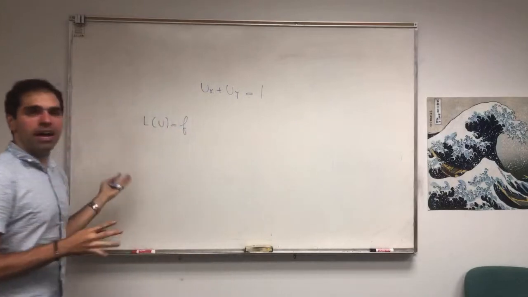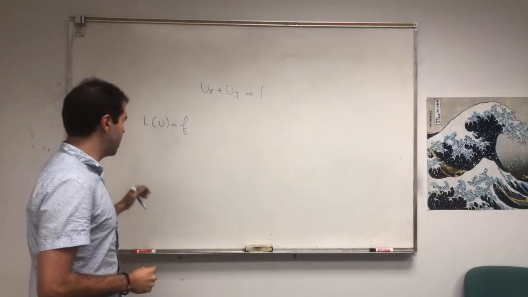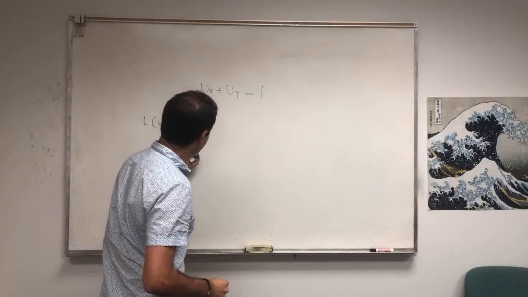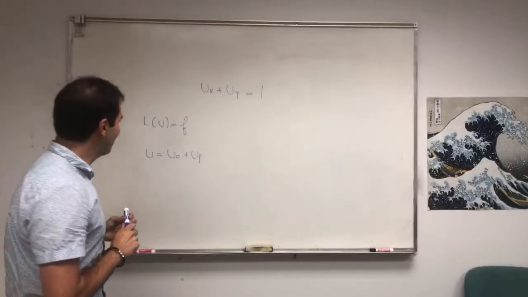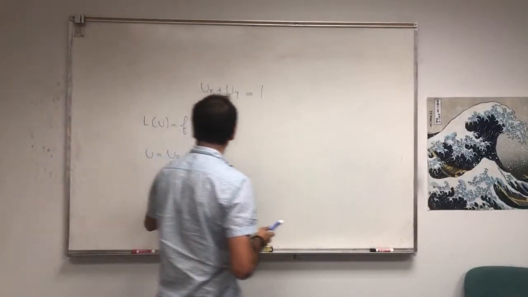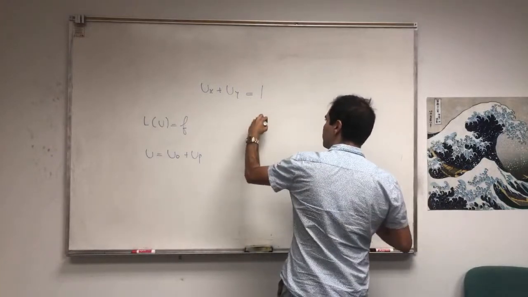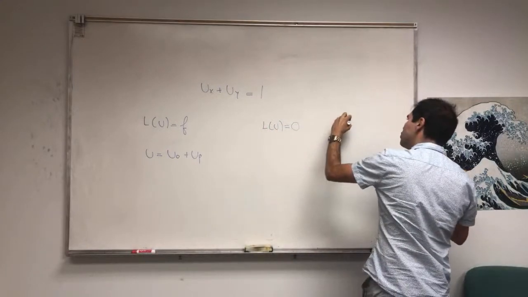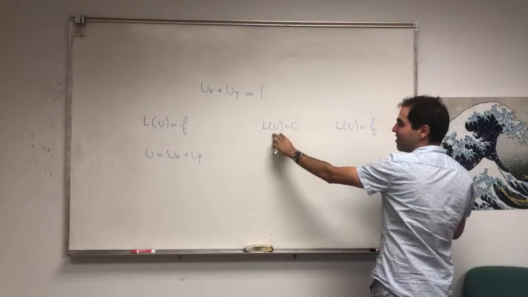If you remember from lecture, the general solution of LU equals F is the homogeneous solution plus a particular solution, which you might also remember from 121a. So all we need to do is solve LU equals 0 and find just one solution of LU equals F and add them together.